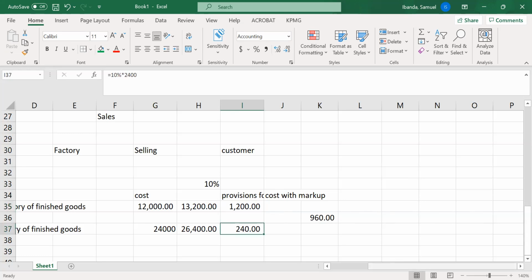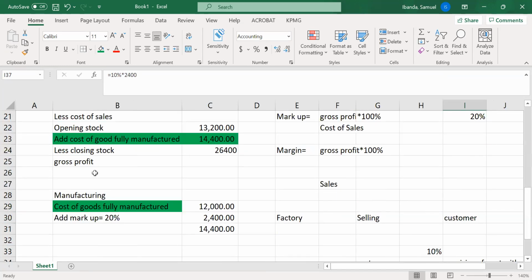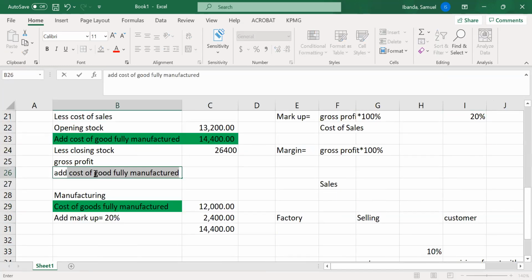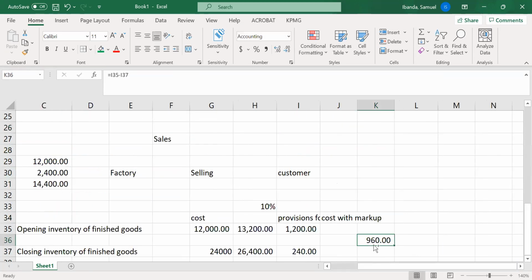Now, in this case, this will be like an additional income. After my gross profit, I'll add, okay? I say I'll add the decrease in provision, okay? For the unrealized profits, and I will come and put my 960 right there.